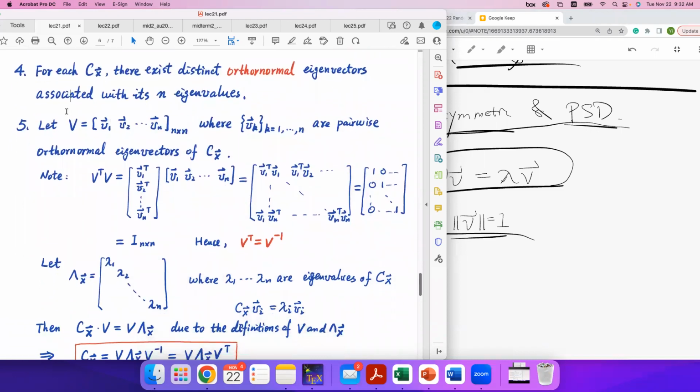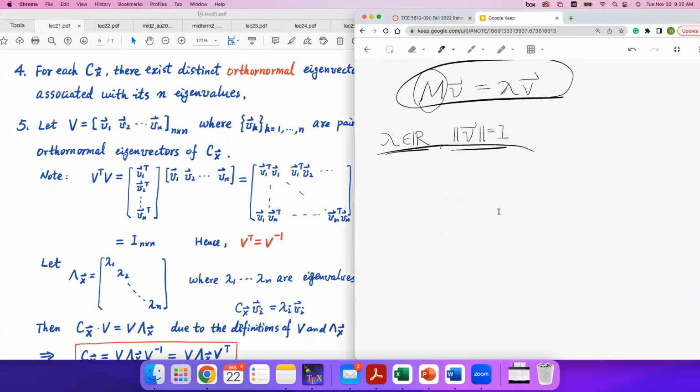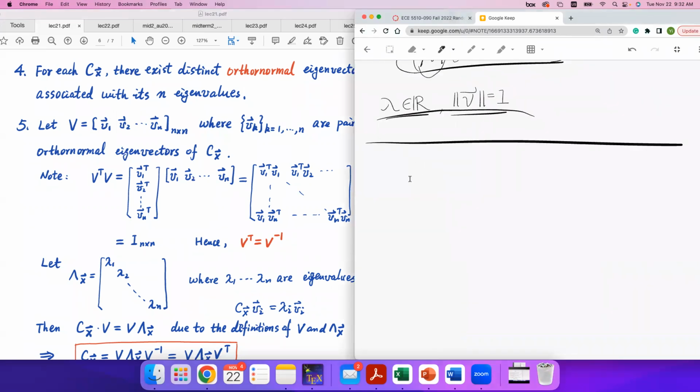Once you compute all these eigenvectors, we will stack all these column vectors into a big matrix. So we can define this V matrix, which is a concatenation of all these eigenvectors.